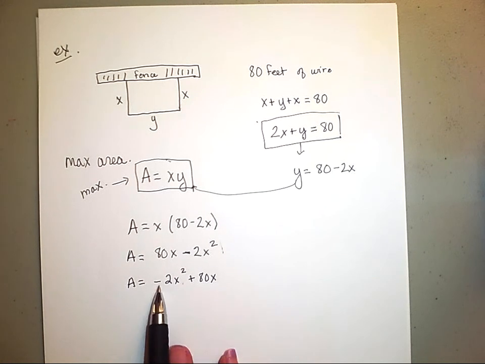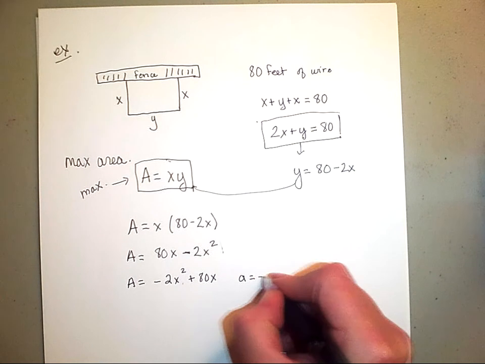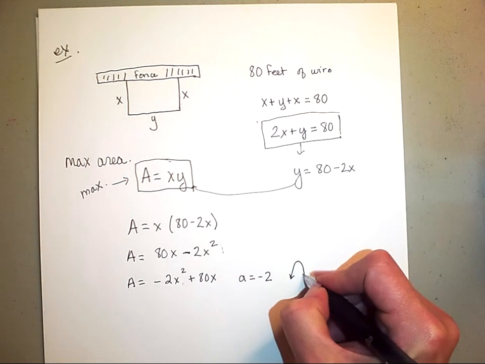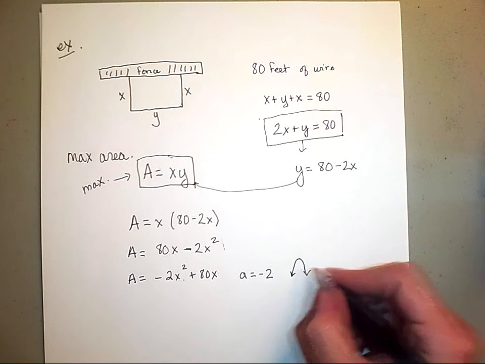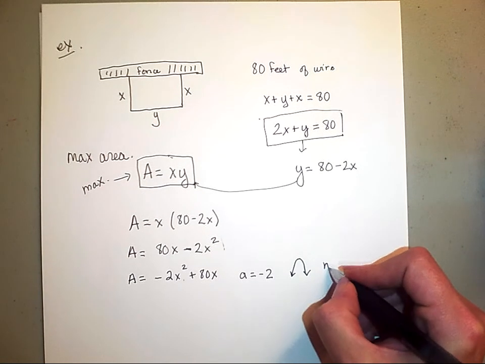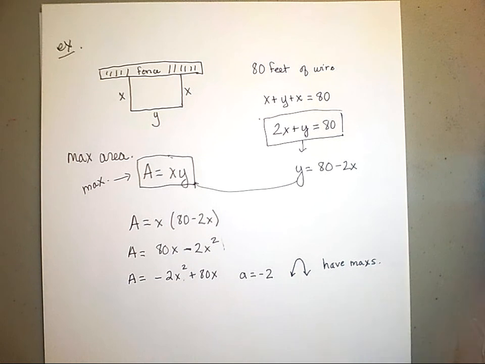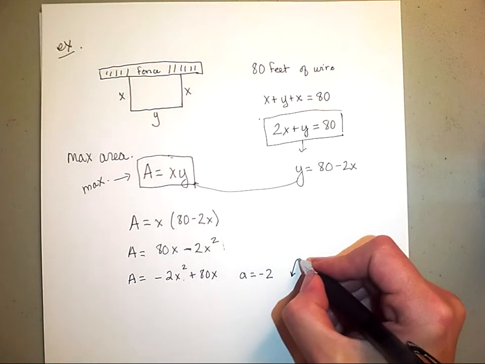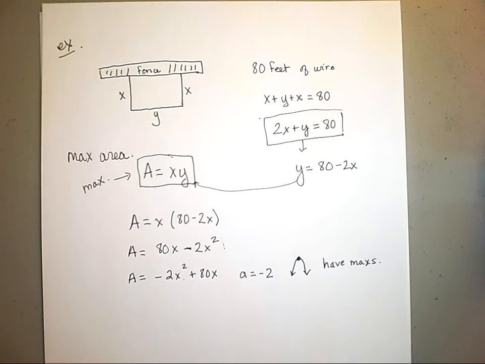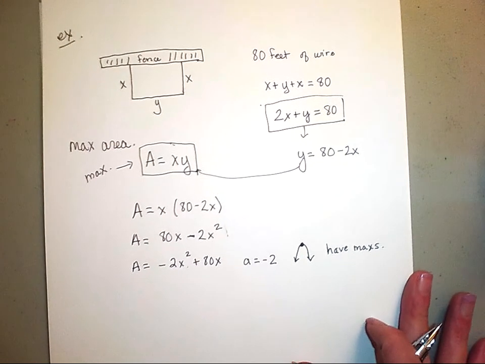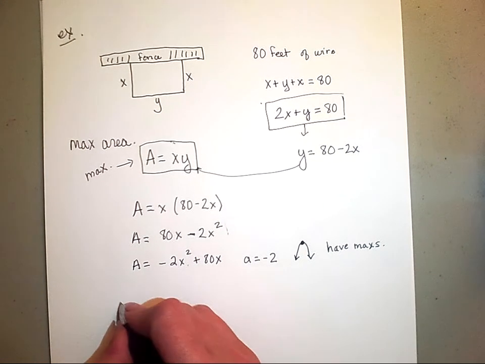Okay, so the question becomes, is it possible to maximize this area if this represents area? Well, we know here that a is equal to negative 2, and so that means we will get a concave down graph. Okay? And concave down graphs will have maximums. And that maximum will occur at the vertex. So let's go ahead and solve this and find where the vertex is.